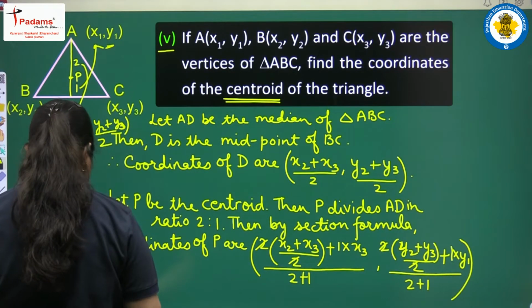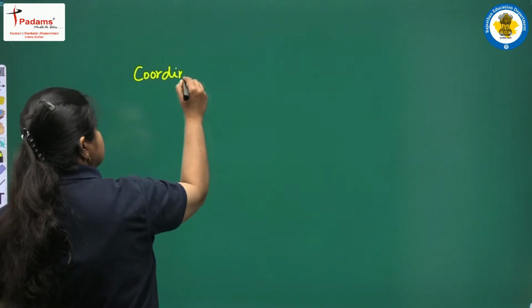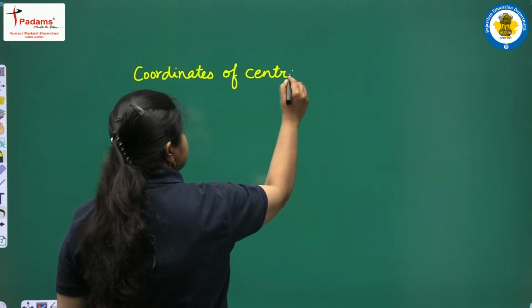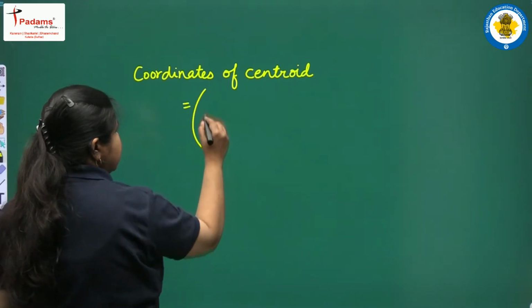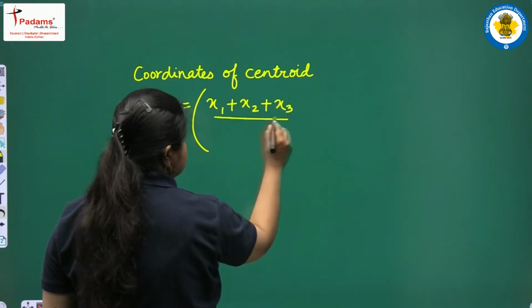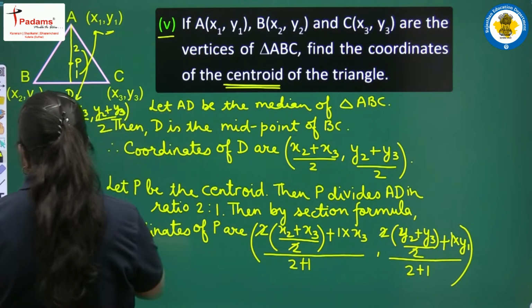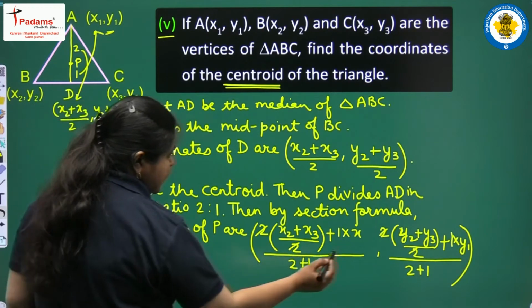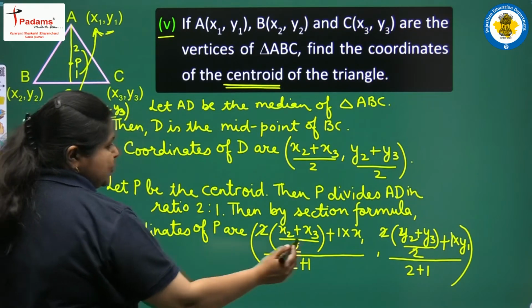The coordinates of P, the centroid that we have taken, will be x1 plus x2 plus x3 upon 3. देखिए आप यहाँ से x1 आएगा, यहाँ पर हमने ये गलत लिख दिया है, दिस शुड बी x1, क्योंकि आप देखिए 1 मल्टीप्लाई होगा यहाँ पर x1 से, तो 1 इंटू x1 विल बी देयर.